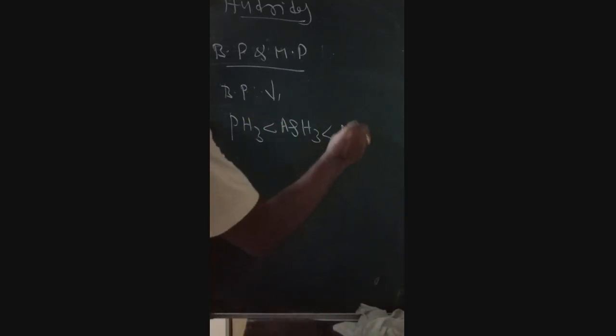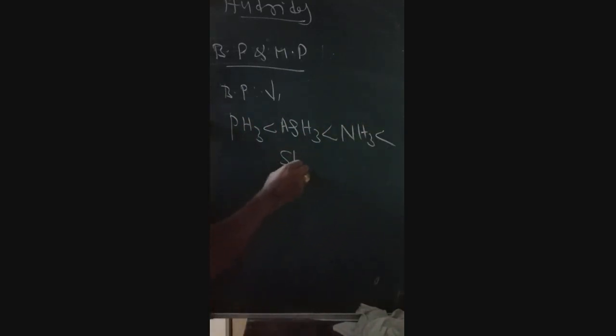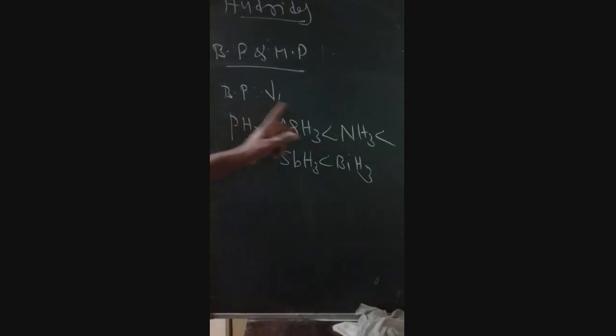The order of boiling points is PH3, AsH3, NH3, SbH3 and BiH3. The expected boiling point of ammonia is low, but it is more than that of phosphine and arsine, because the ammonia molecule exhibits hydrogen bonds. That is why its boiling point is high.